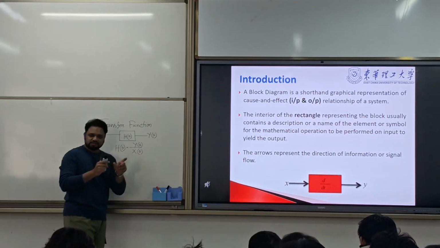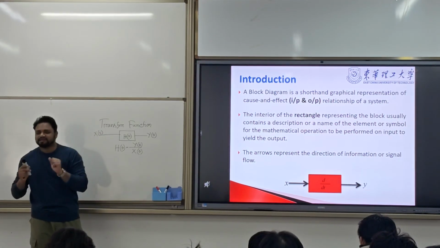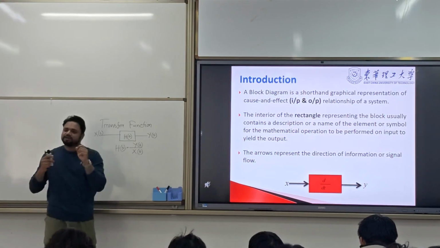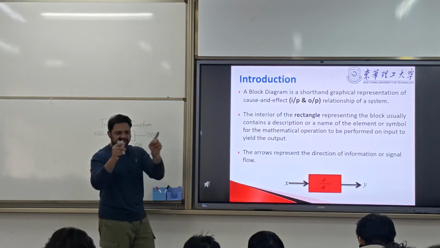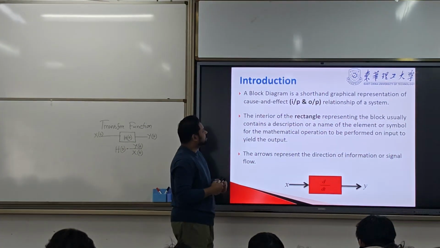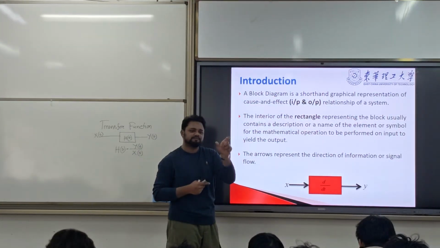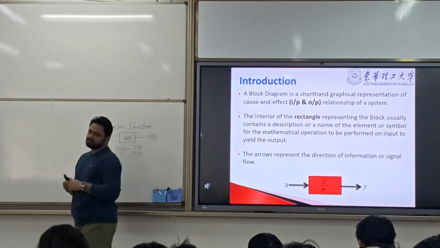The difference is, in the transfer function we derive it mathematically, while the block diagram we will derive graphically, like by solving different diagrams, blocks. So the block diagram is a graphical representation of the relationship of input and output.